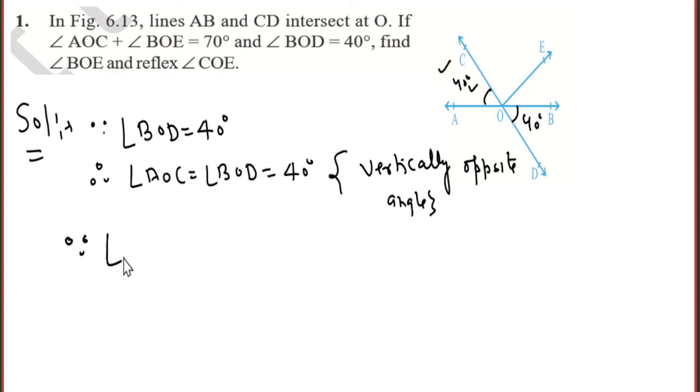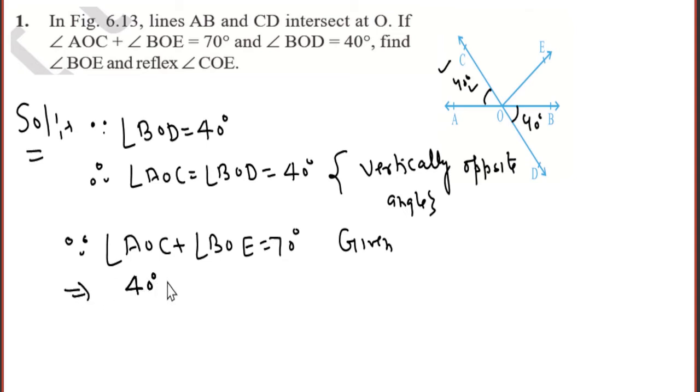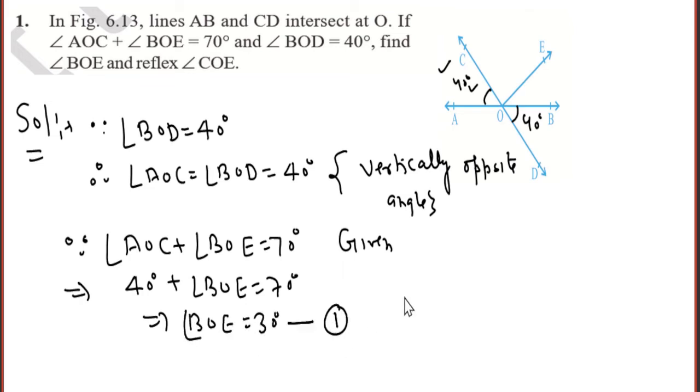Since angle AOC plus angle BOE is equal to 70 degrees, which is given, and we find that angle AOC is equal to 40 degrees, we put the value of angle AOC as 40 degrees. So from this we will get BOE. So BOE is what? 30 degrees. This gives us 30 degrees.